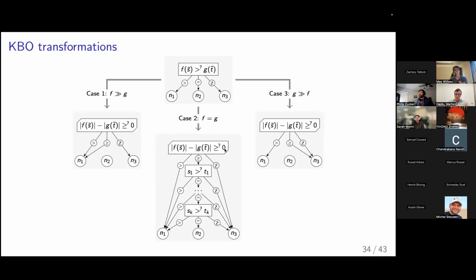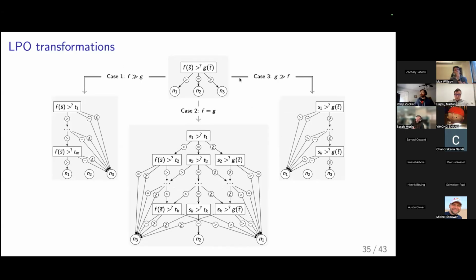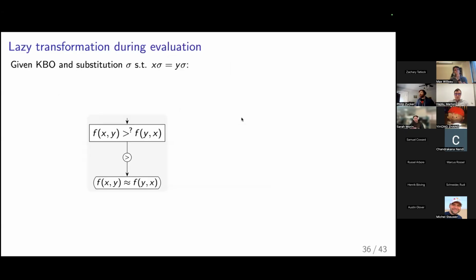And then there is this third type of nodes where we actually do a weight comparison for KBO. And here are the transformations for RPO. These are somewhat similar to the KBO ones in the sense that they have to perform some kind of lexicographic comparison. But let's look at an example instead.